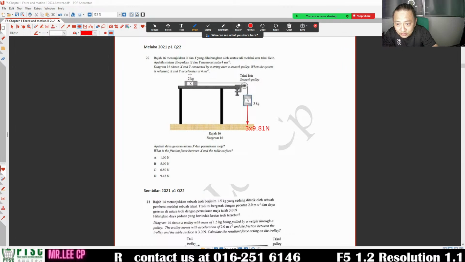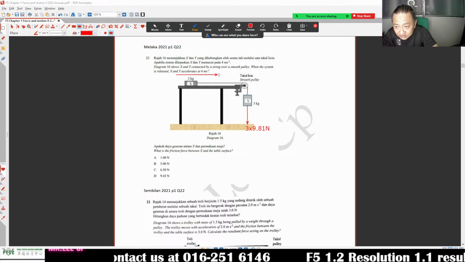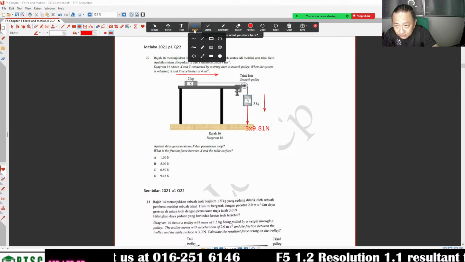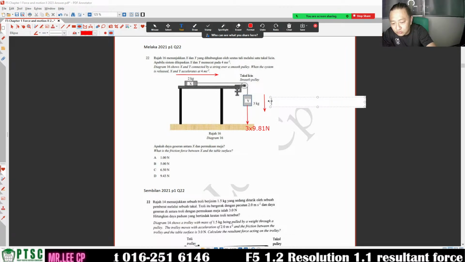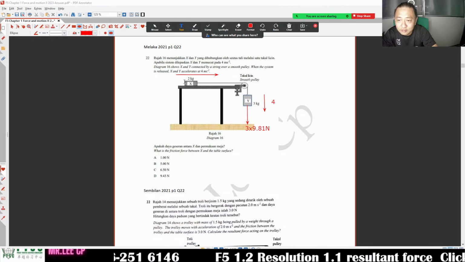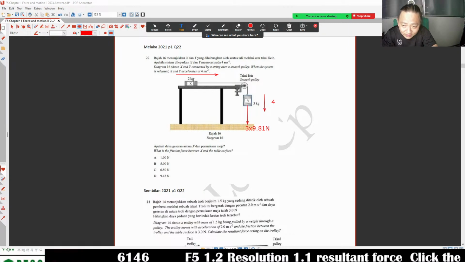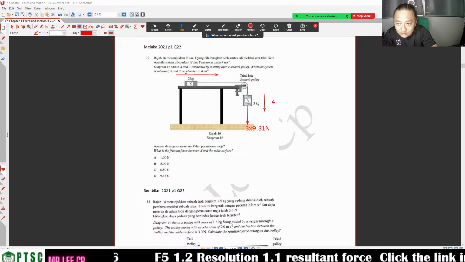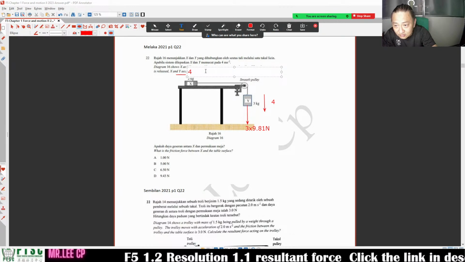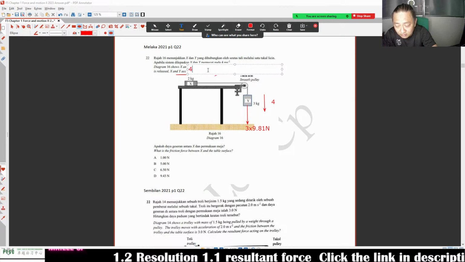When the system is released, it is going to accelerate at 4. How do I know it is going down? It must be going down, because nothing pulls the other one, so it cannot go to the right. So the acceleration is 4.